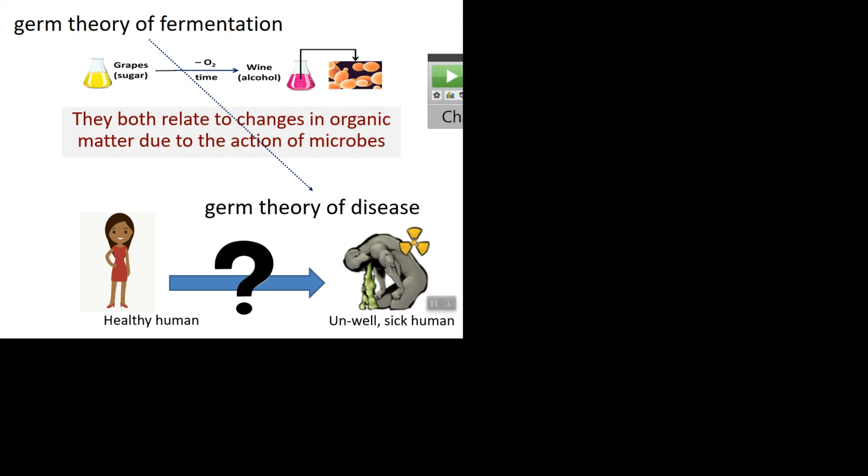So the idea was, Pasteur showed that microbes can transform organic matter in a flask, sugaring grapes to alcohol. Well, then maybe that's analogous to what happens when a person's sick. The transformations are occurring to make this body unwell. And that's where Koch takes over and really nails that down.